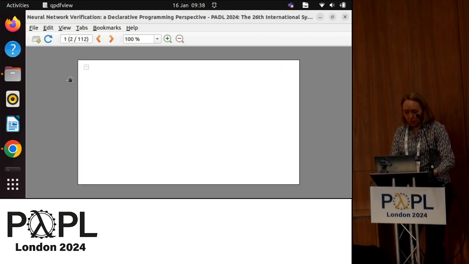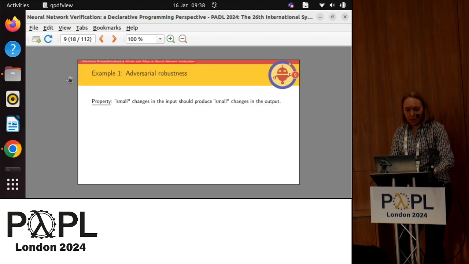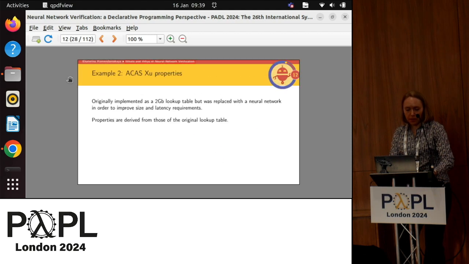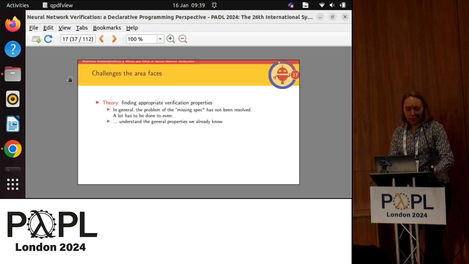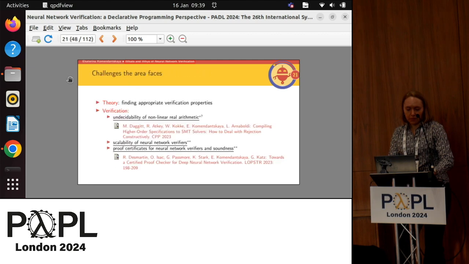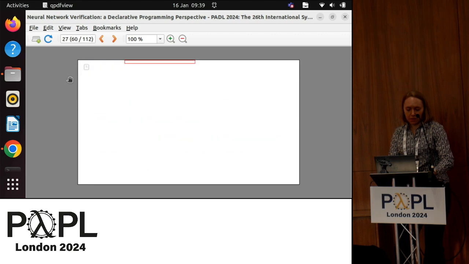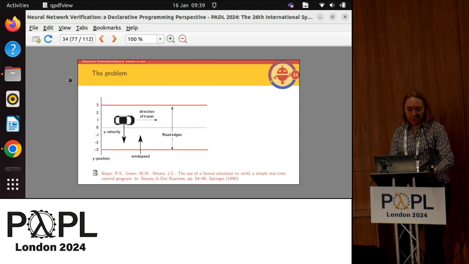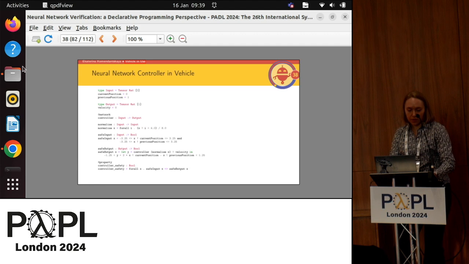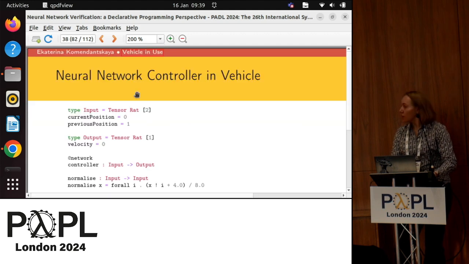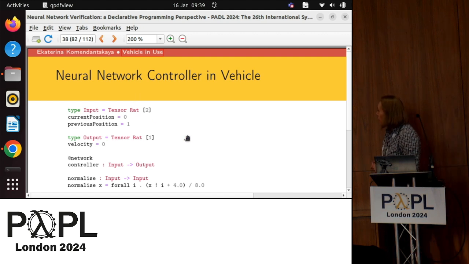I really wanted to have all of the spec on one slide so that you could see that it's not very threatening either. Okay, so that's our Vehicle example. Is it readable? Okay, so let's have a look at it line by line.